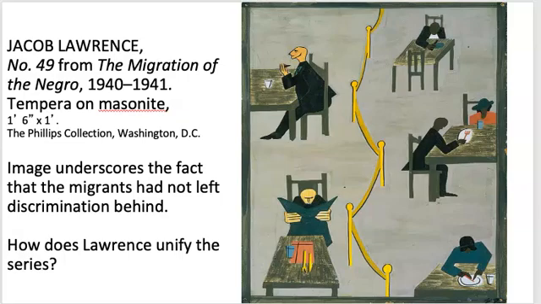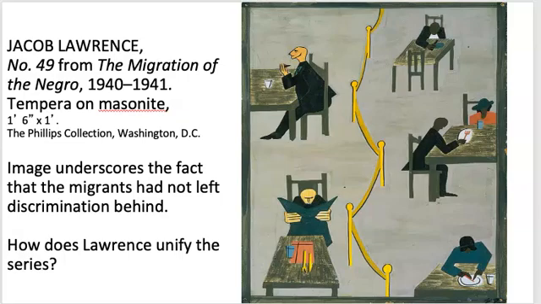So, how would you say he unifies this series? You looked at some of the images that we saw earlier. I would say that he does it a lot with color. He does it with these simplified shapes. He definitely unifies the series formally by creating these simplified shapes and flat colors, so it's clearly all together.